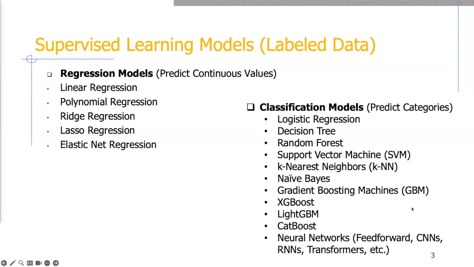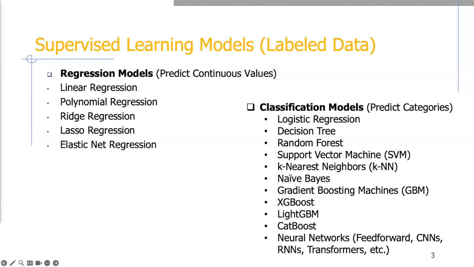So for classification models, we're gonna go with some of these like logistic regression and so on. Logistic regression is basically for binary classification, and it estimates probabilities using the sigmoid function that we will see. Decision tree splits data into branches based on feature values to make predictions, right?